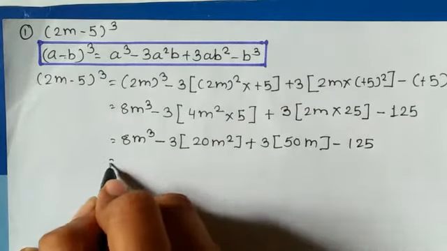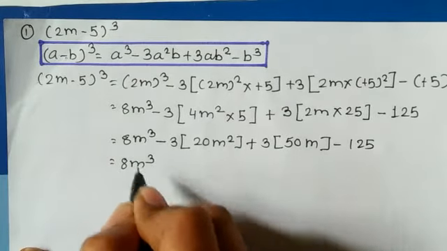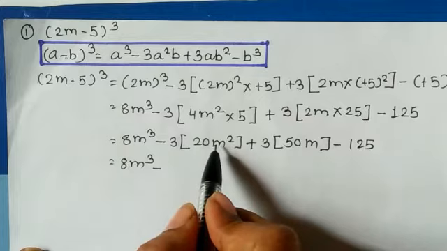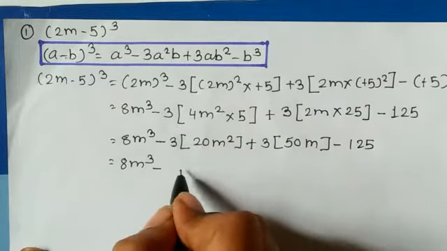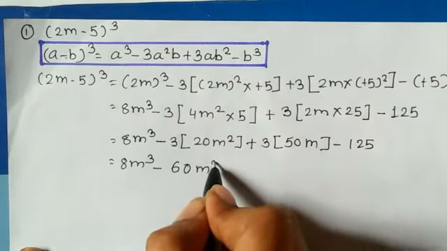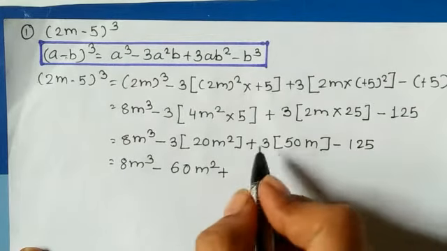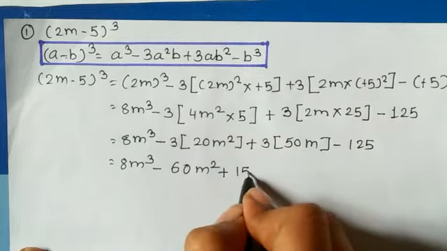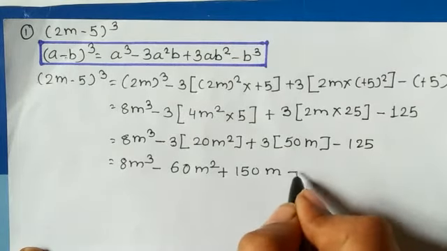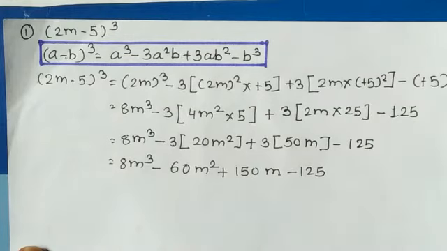125. Now 8m raised to 3 minus, this 3 is going to multiply to the full term, 3 20s are 60m square, plus 3 50s are 150m, minus 125.